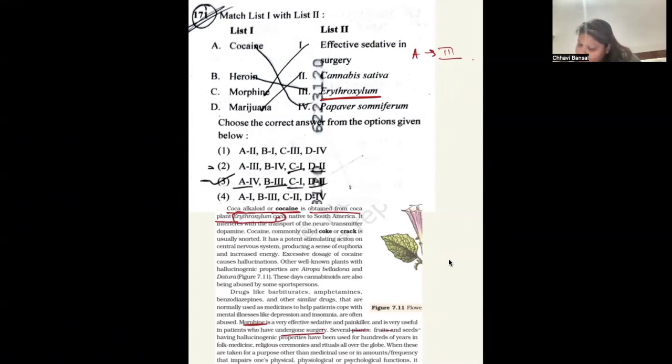So from where the morphine is obtained, like effective sedative in surgery. So for morphine, means option B. Option C for morphine is 1. For C, 1. There are 2 options. For A, 3. So it means our option 2 is correct.